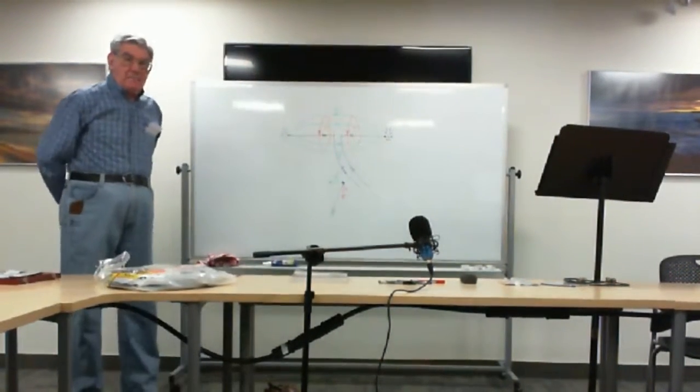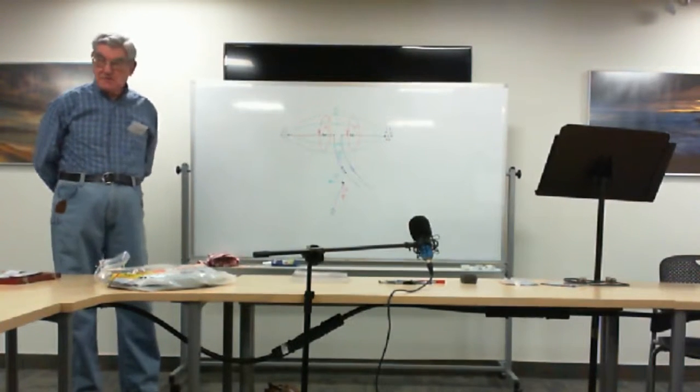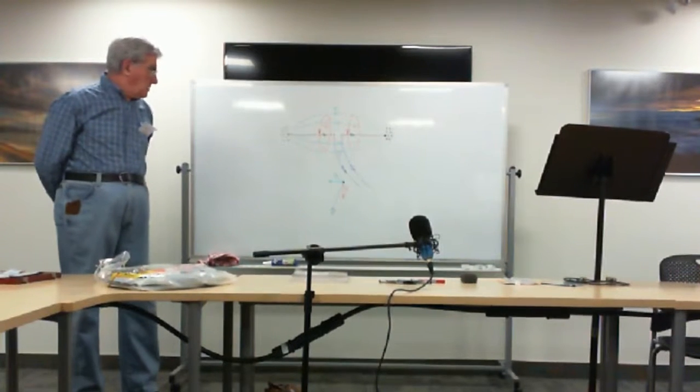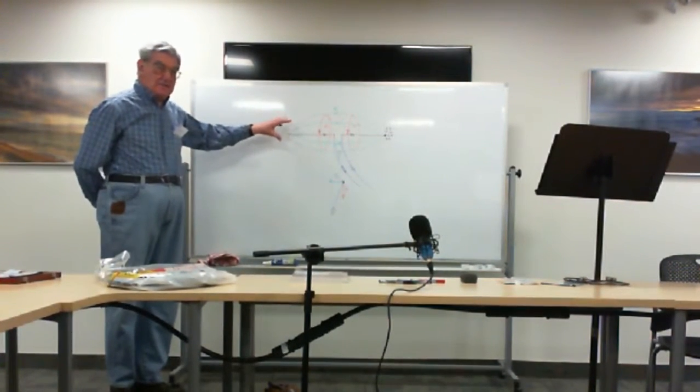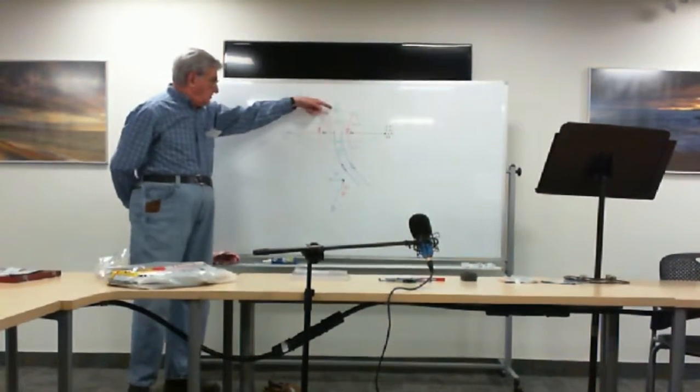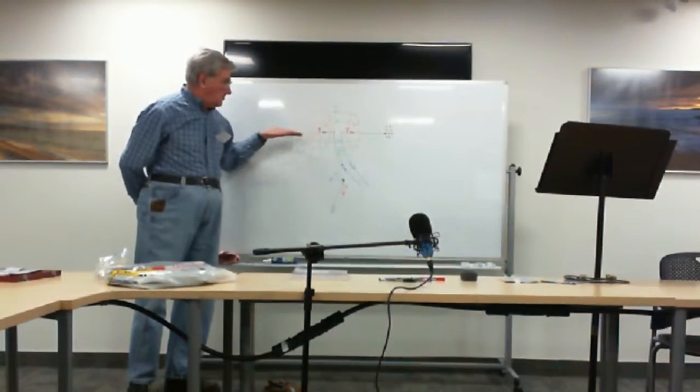Polarization. By definition, the polarization of any electromagnetic wave is the direction of the electric field at any particular point in space. Well, by the very nature of the way this is set up, we see that the electric field just happens to be in the same direction as the wire itself.